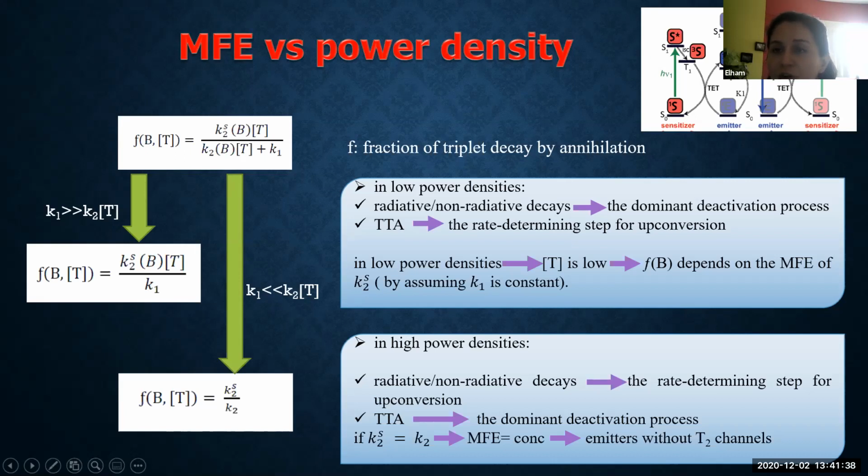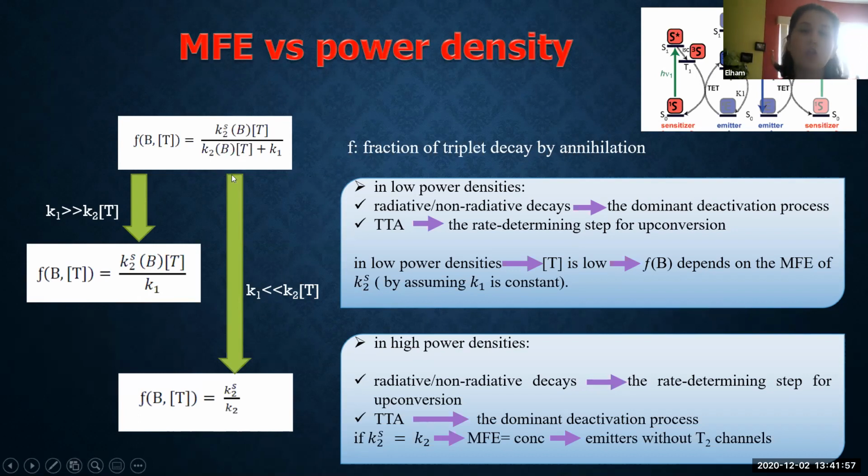K2 is the second order of the decay of the triplet, and K1 is the constant for the first order. We can describe F by this equation in here.